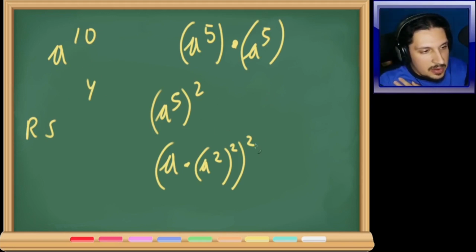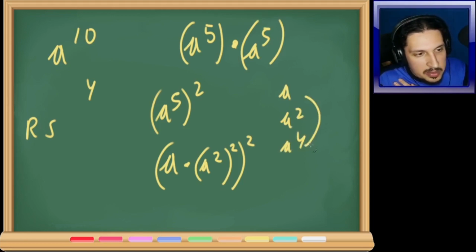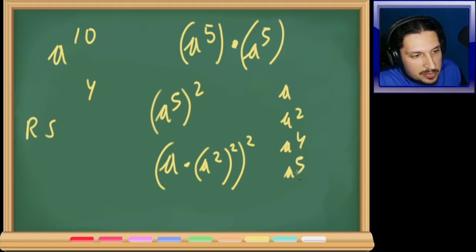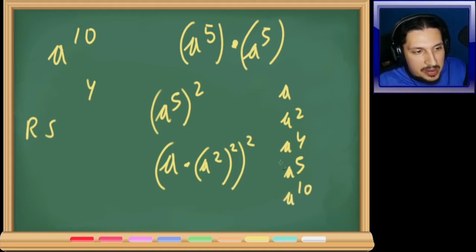But notice that there are different ways to get there. This one, I started from having only a. I created a squared. Then I created a to the power of 4. Then combining these two, I can create a to the power of 5. And squaring this one, I can get a to the power of 10. So 4 multiplications were used because each multiplication creates a new number that I don't have access to before.